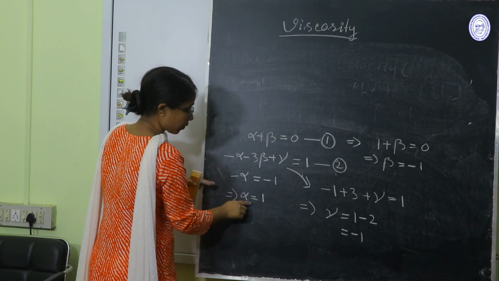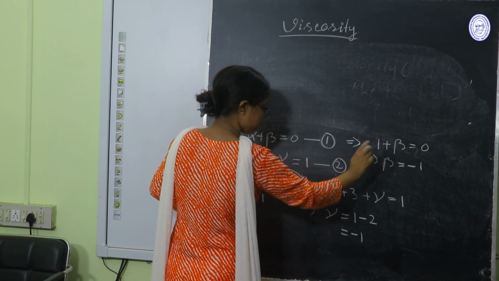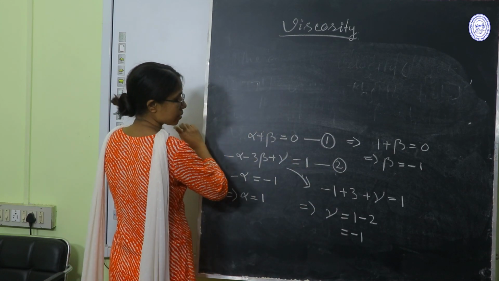So, the value of alpha is 1, beta is minus 1 and gamma is minus 1.